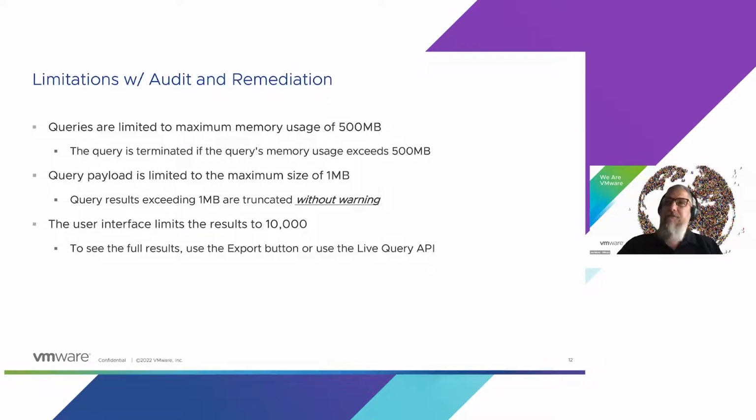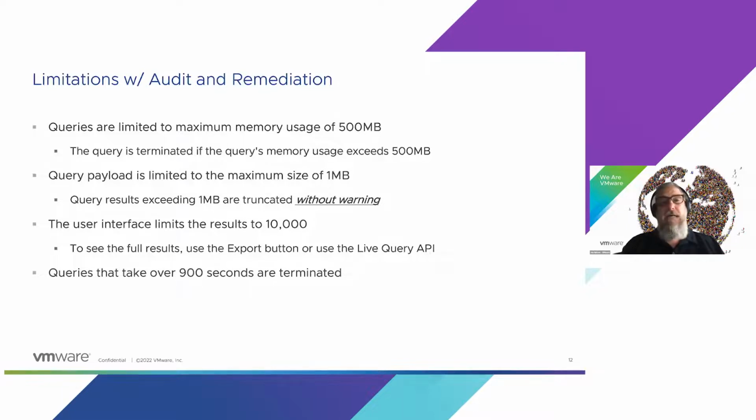You can also use the live query API, which is documented at developer.carbonblack.com, to pull back all of the results as well. That's one great thing about all VMware Carbon Black products: they all have very robust two-way APIs. So you can do super powerful things with the live query API and extend the product to do things that aren't available in the UI. You can really extend the product to do some really amazing things.